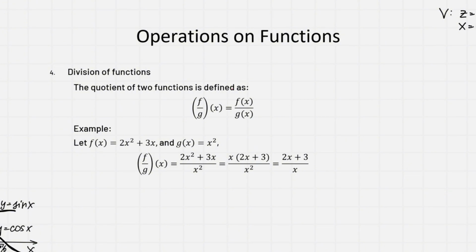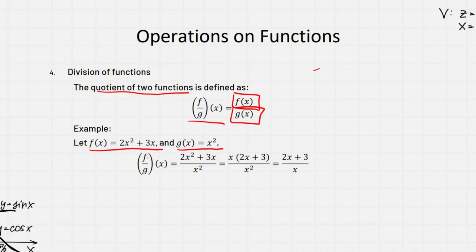Next, we have division of functions. Given that we have two functions here, the quotient of these two functions is defined as f over g of x equals f of x over g of x. For example, we have f of x equals 2x squared plus 3x, and our g of x is x squared.